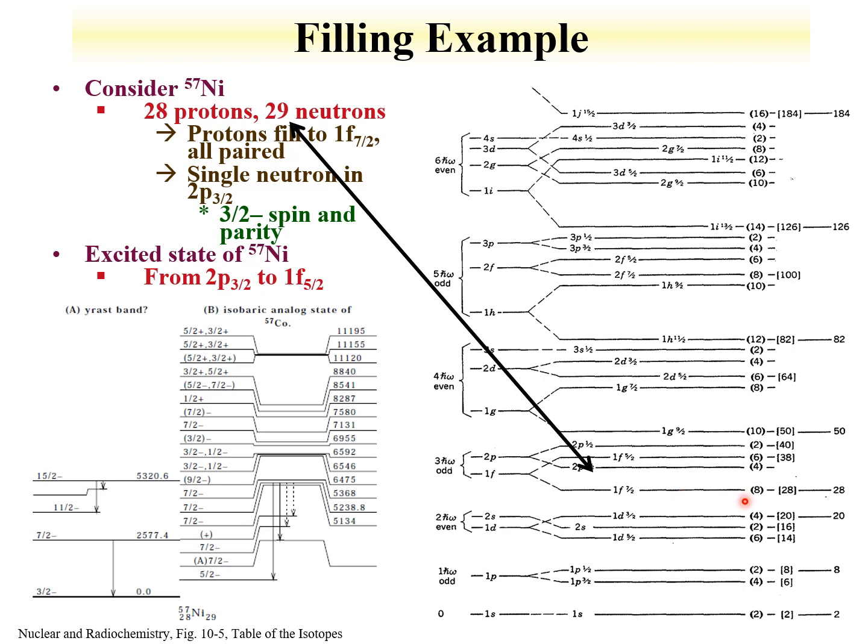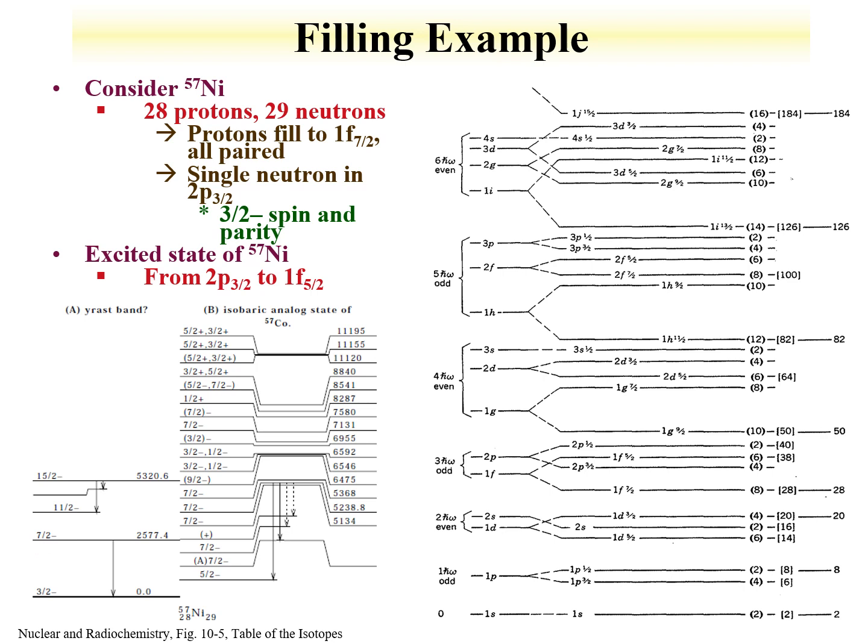The 29th lives in the 2p 3/2 orbital. p has an angular momentum of 1, so negative parity, 3/2. We would expect the spin and parity of nickel-57 to be 3/2 minus, and sure enough, the ground state is.